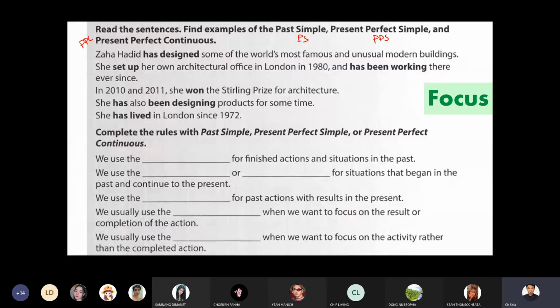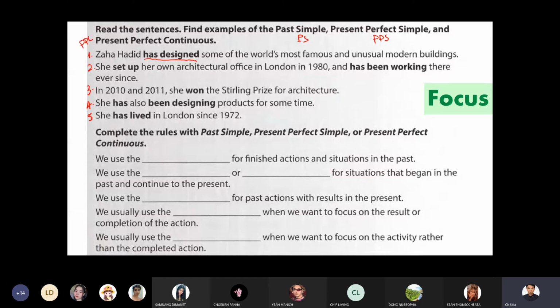Now, I put numbers for you, number 1, 2, 3, 4, and 5. Number 1, Zaha Hadid has designed some of the most famous and unusual buildings. We have the verb phrases here in bold, and they want to know what kind of tense it is.